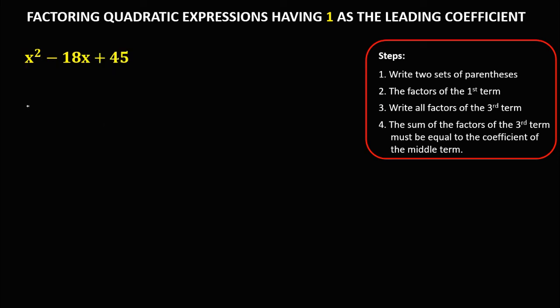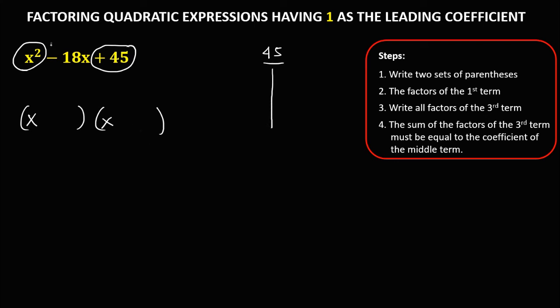And for this given, write two parentheses. And the factors of the first term, we have x times x. Then list all the factors of the third term. So we have these factors of positive 45. Since the middle term is negative, the two factors must be negative.